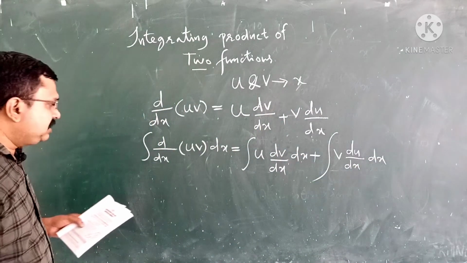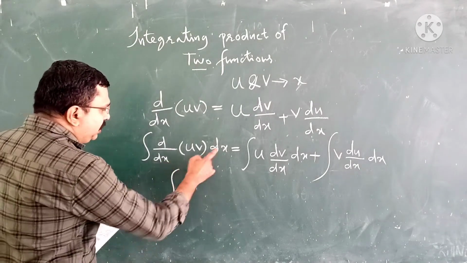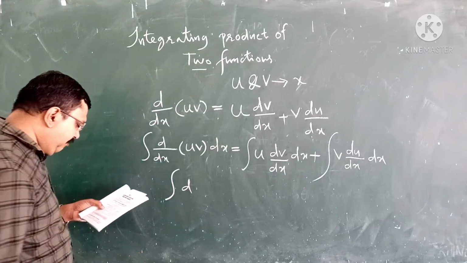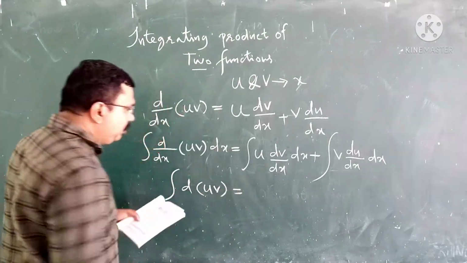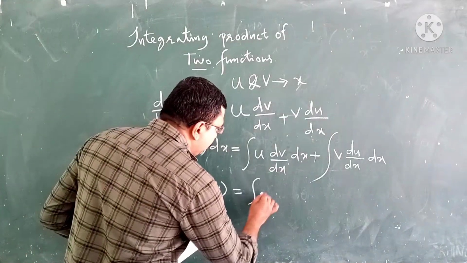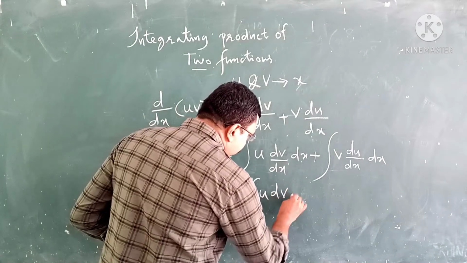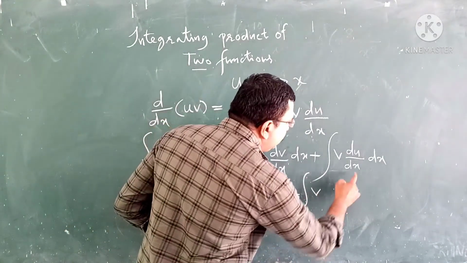Okay, that is, dx and dx cancel, the remaining is integral of d of uv is equal to integral of u dv plus integral of v du.